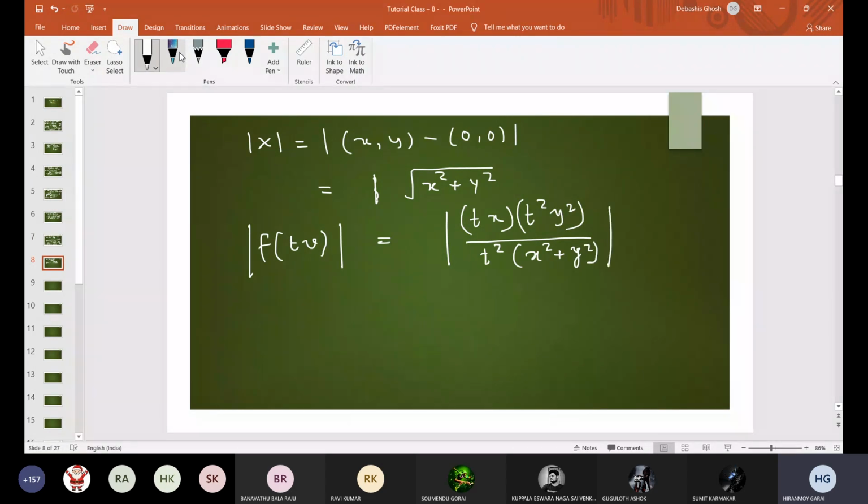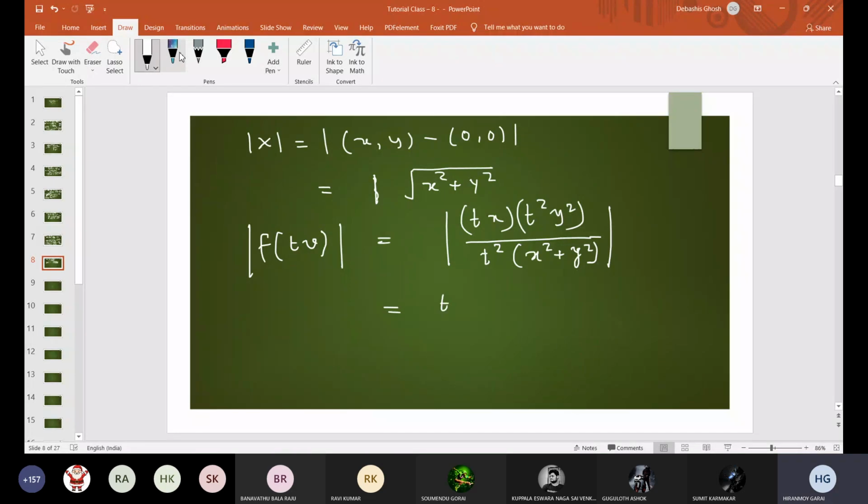Now we do not know what x and y are. It's not always 0 1 or 1 0. It can be some values for which we get 1, that is x equals 1 by root 2, y equals 1 by root 2. Then half and half plus gives you 1. So the t square will cancel out, then you have the expression t.